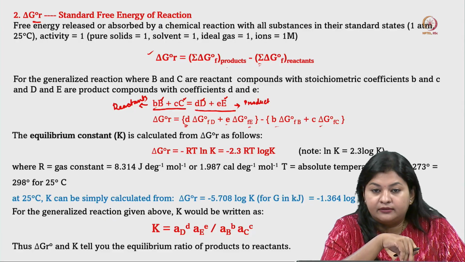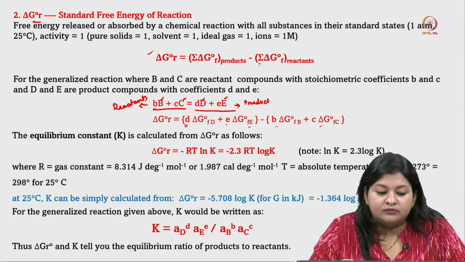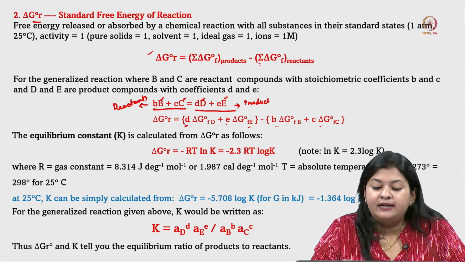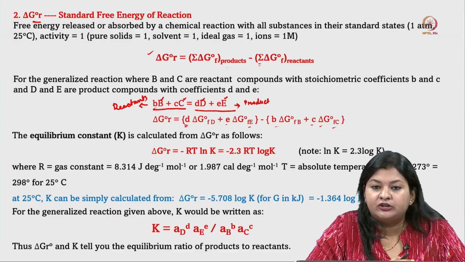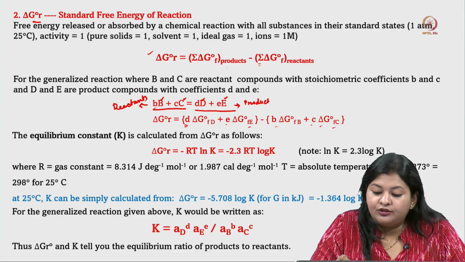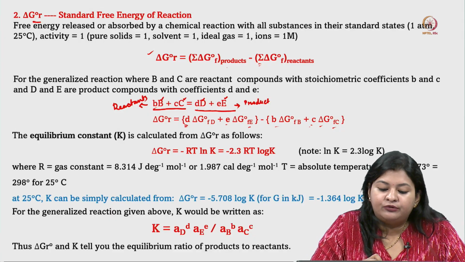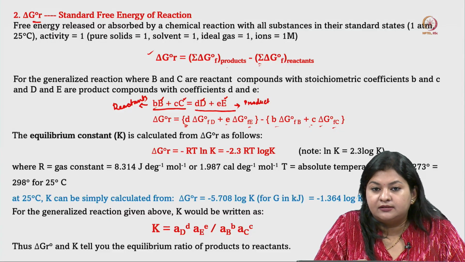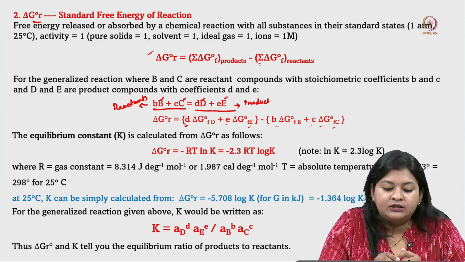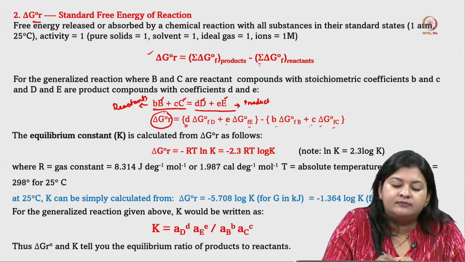We note that. Now, after you find out all these values, you just multiply them with the stoichiometric coefficient. After you multiply with the stoichiometric coefficient, you do this product minus reactant subtraction, and that is your delta G0 R. Very simple.